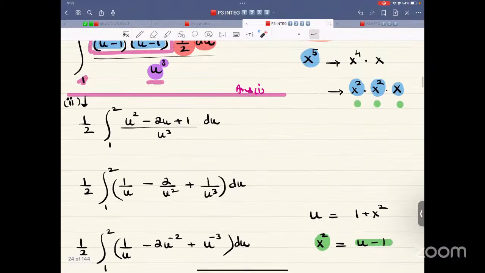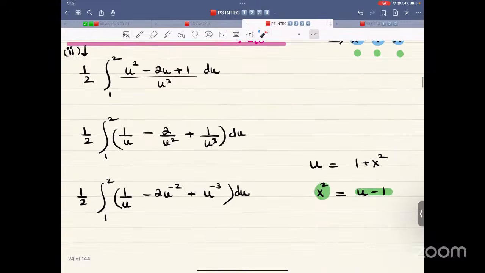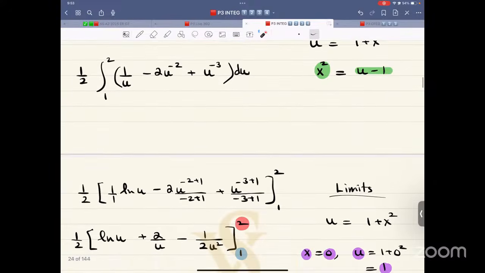Now what you need to do is take the half on the outside, multiply this out, that is u squared minus 2u plus 1 divided by u cubed. Simplify each term and then take these on the top, except for this, because this will give you ln. So this is 1 over u, giving ln u. This is basic integration.